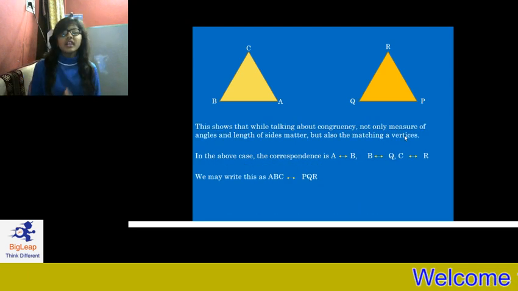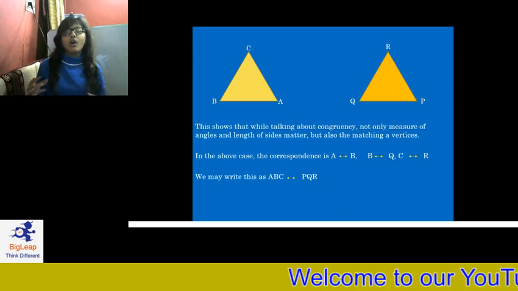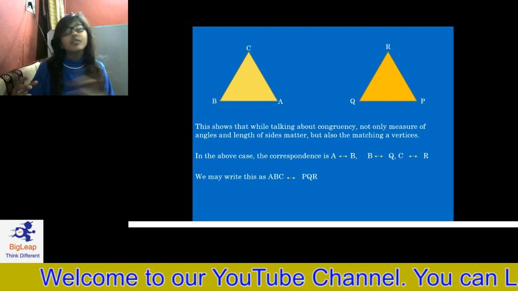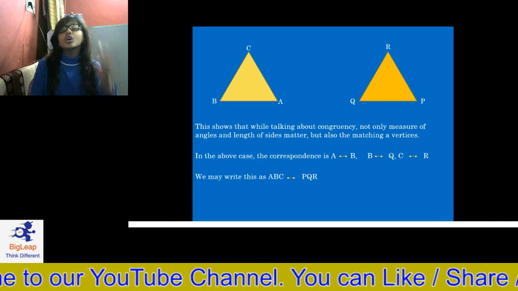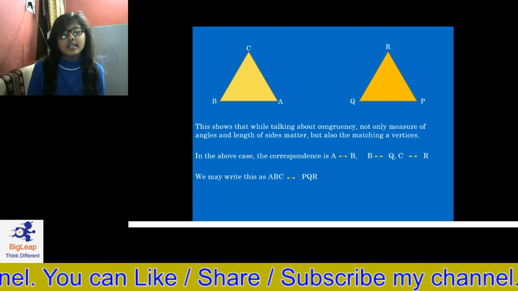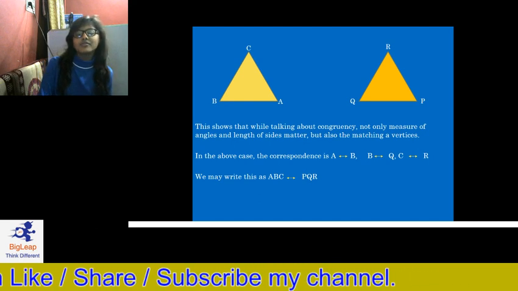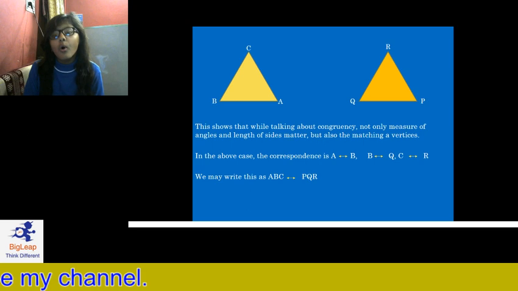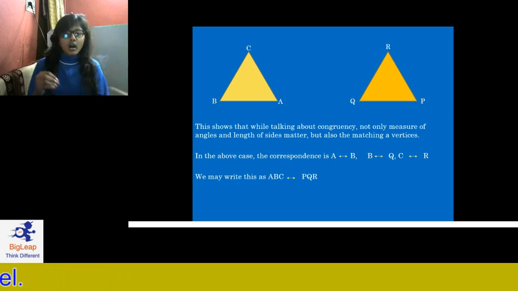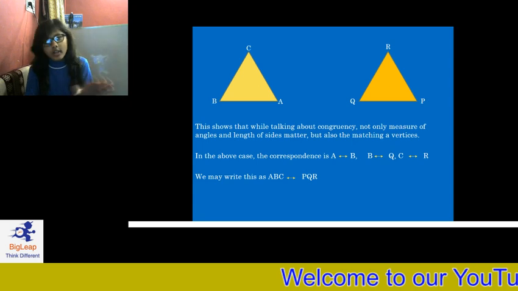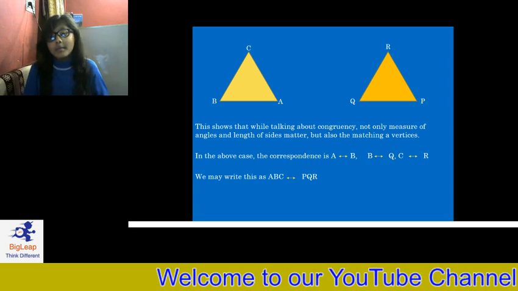So this shows that while talking about congruency, not only the measures of angles and the lengths of the sides matter, but you also have to look at the matching vertices. If both angles and sides are corresponding, then the vertices should be matching.